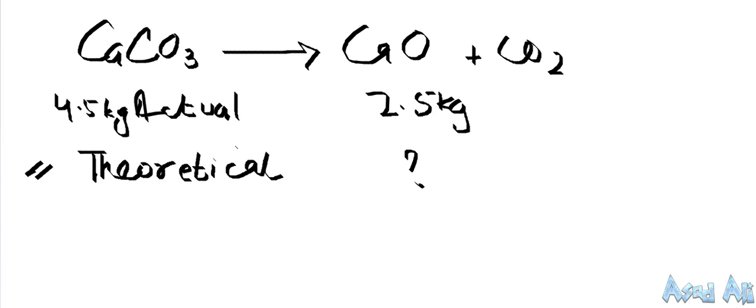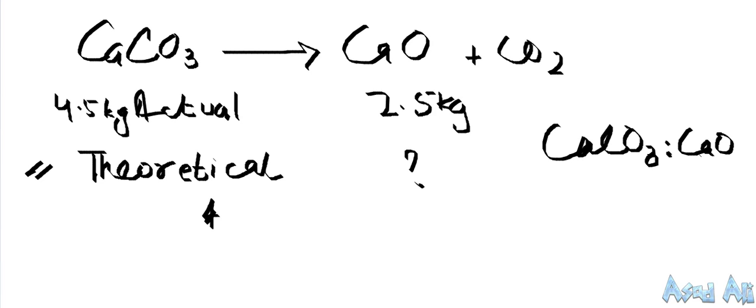To calculate it, it's very simple. Use stoichiometry. We can write the ratio of CaCO3 to CaO, quicklime, is 1:1. So 1 mole of CaCO3 will provide 1 mole of calcium oxide.